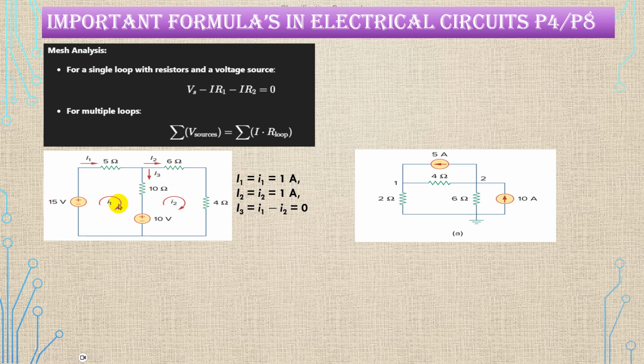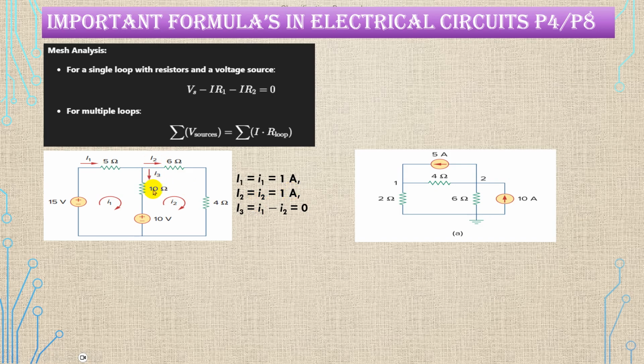As per the assumptions, the loop current I1 is whatever value you got by the solution, which is 1 ampere. Now as per the loop equation, the I2 value is whatever you got after solving the equations.